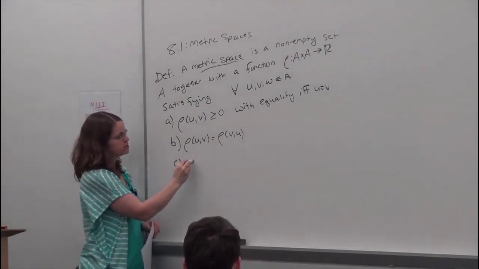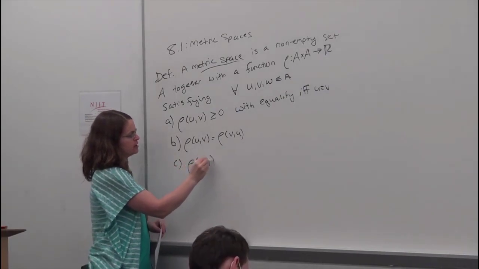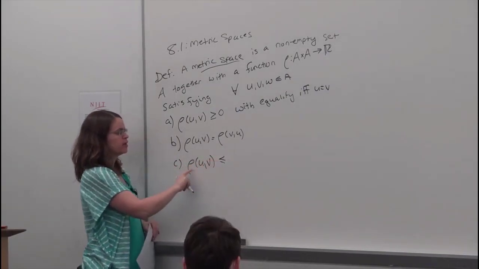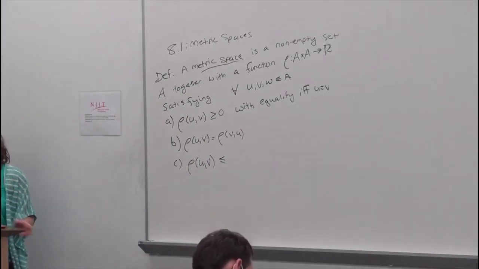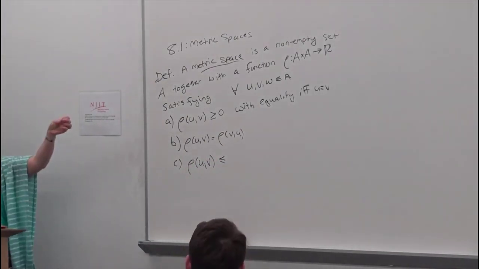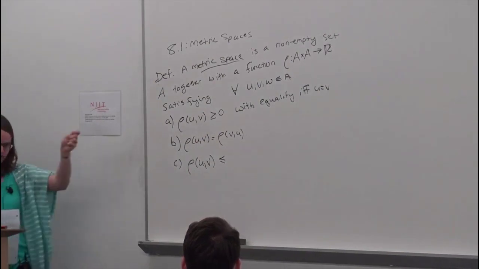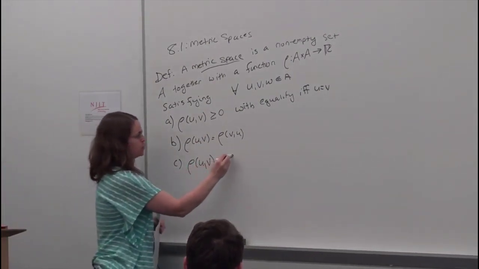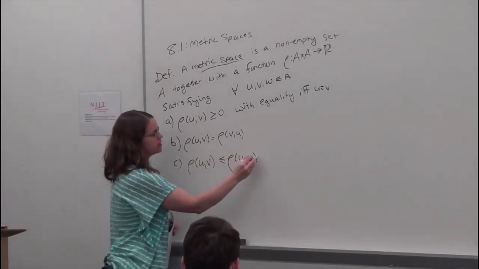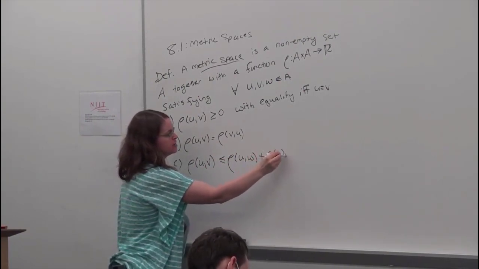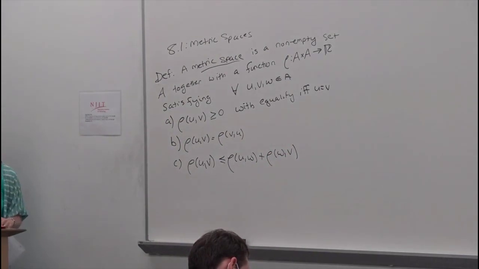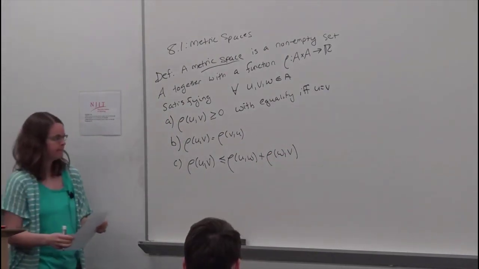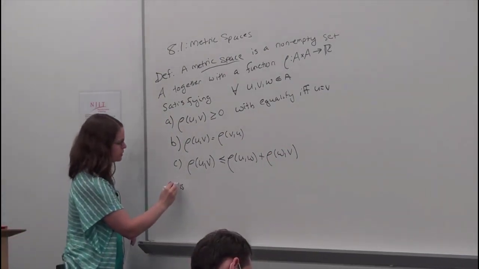Somehow rho gives us the shortest distance between u and v. So if we decide to stop somewhere intermediary along the way, that's taking us off the shortest path potentially. So going from u to w, and then from w to v is somehow more expensive. Okay, and we call rho a metric.